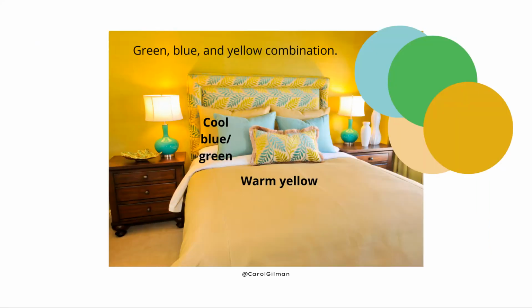So you could work with a blue that's on the cooler side, but with a green that maybe has more yellow in it that's on the warmer side. And so just to kind of keep that in mind, it adds some subtle variation. We can still see that those colors are related, but there's just some nice variety happening with that combination just because of changing up the color temperature.